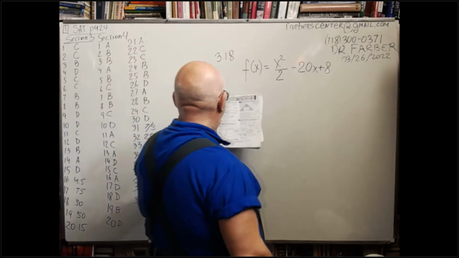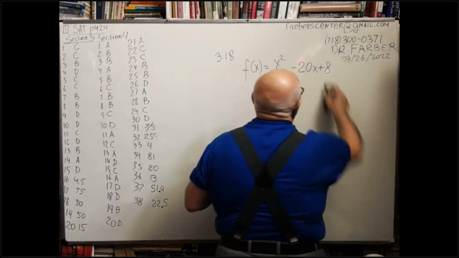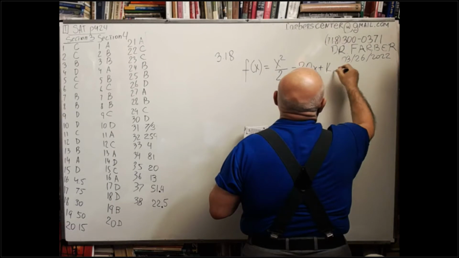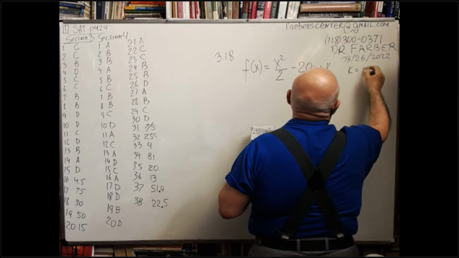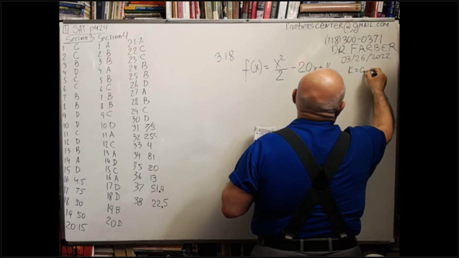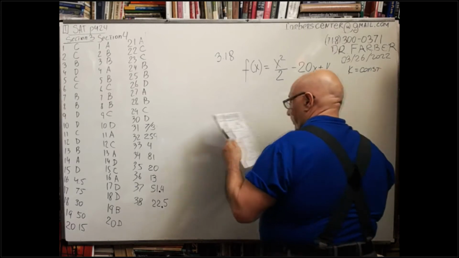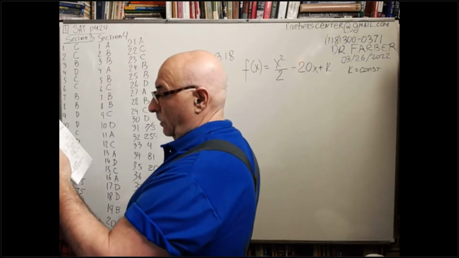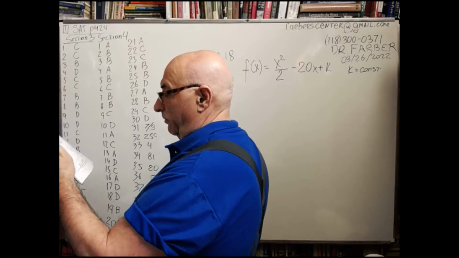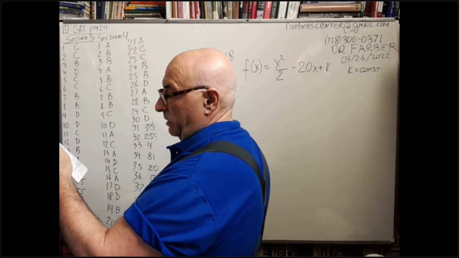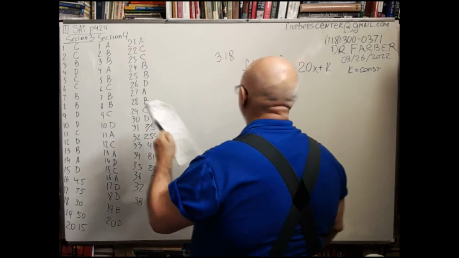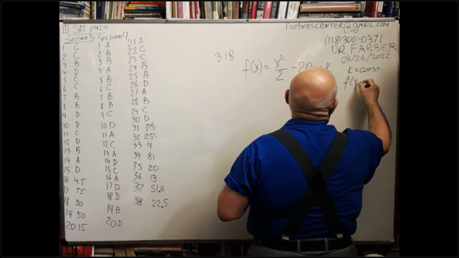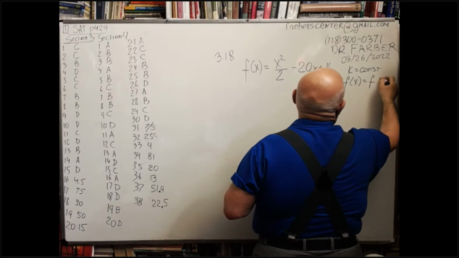It's not 8, it's plus k, where k is a constant. What value of x does f of x have the same value as f of 10? So f of x equals f of 10.